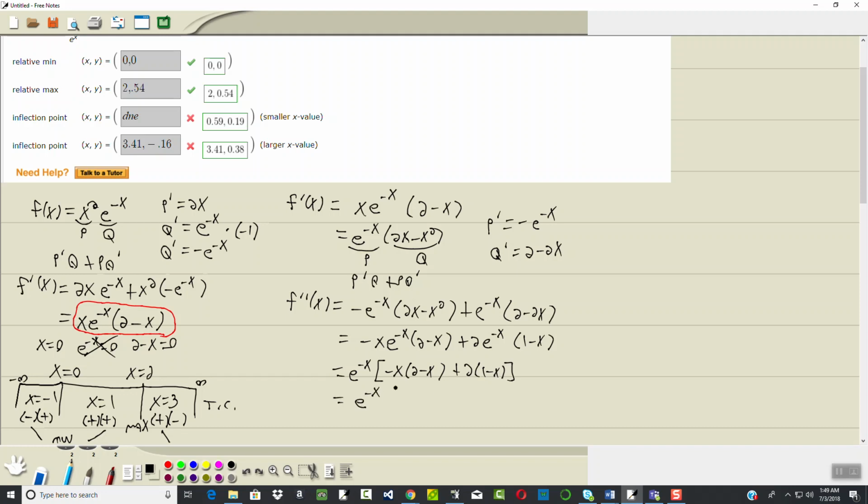So that gives us e to the negative x times: negative x times 2 is negative 2x. Negative x times negative x is positive x squared. 2 times 1 is 2. 2 times negative x is negative 2x. So we got x squared, negative 2x minus 2x is negative 4x, plus 2.